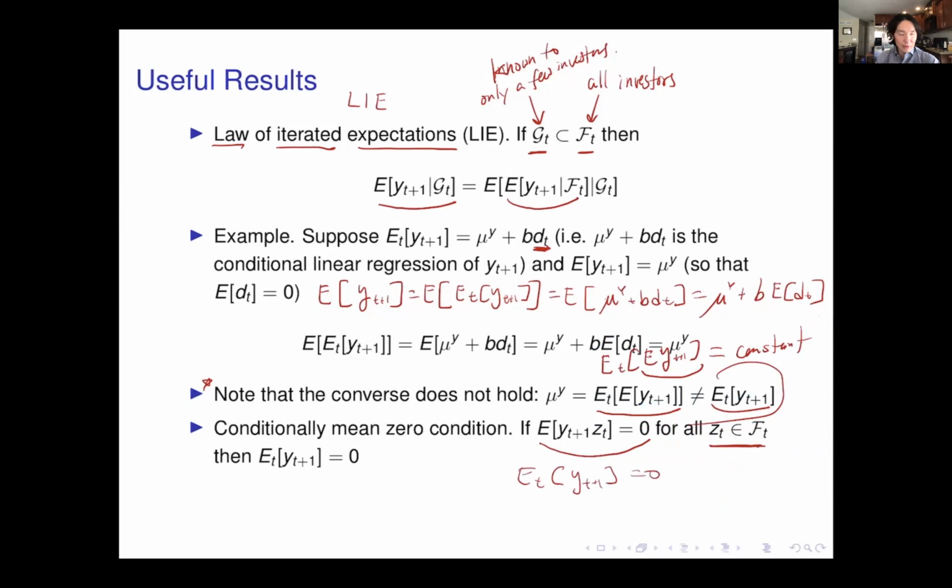This is similar to what you will learn in the mathematics class: if there is some variable x times y equals 0 for all y, then x should be 0, right? It is very similar to that. Again, the law of iterated expectations, LIE, is very important. The most important thing.